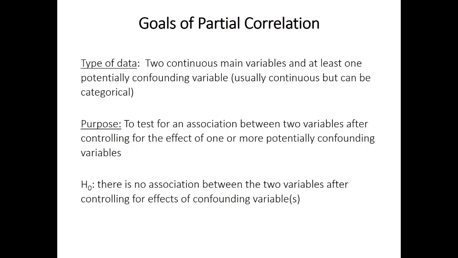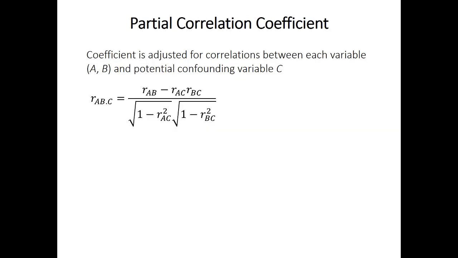I won't go into too much detail about the mathematics behind this, but basically the partial correlation coefficient between our two variables is the simple correlation coefficient, this r_AB, the correlation between A and B, adjusted to account for the correlations between each main variable and the confounding variable C. So the correlation between A and C, or r_AC, and the correlation between B and C. This is Pearson's partial correlation coefficient, and it has a single confounding variable.